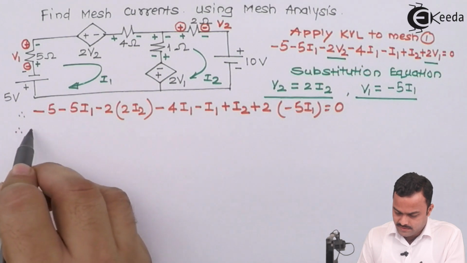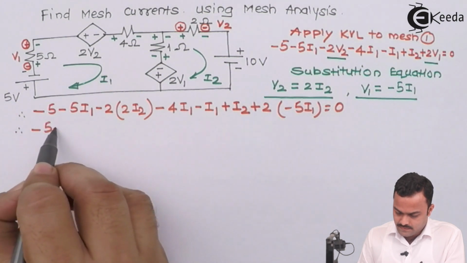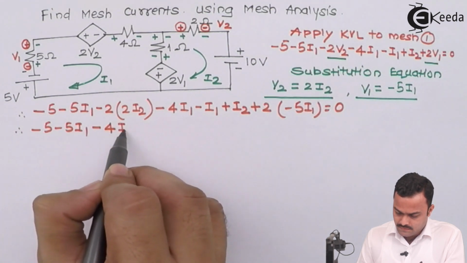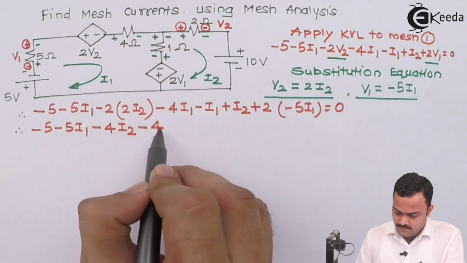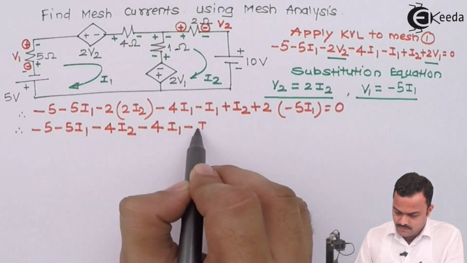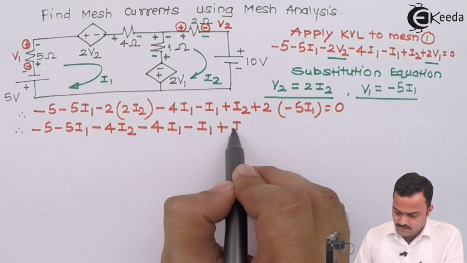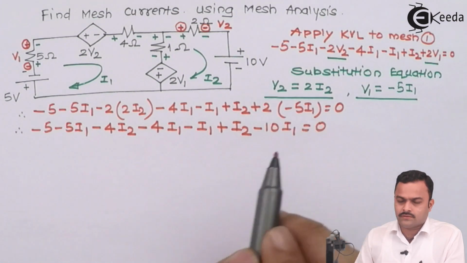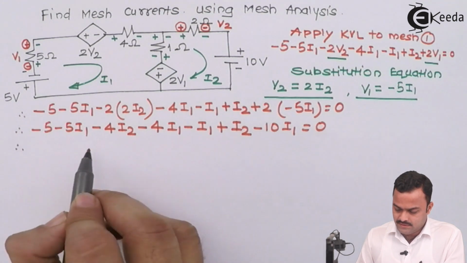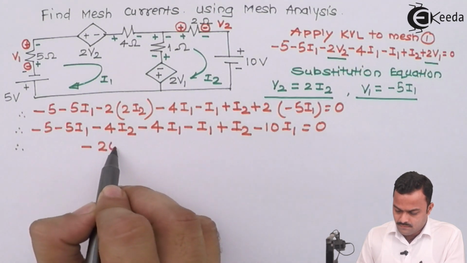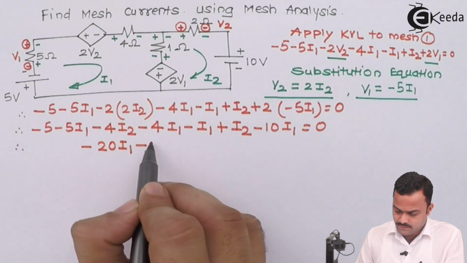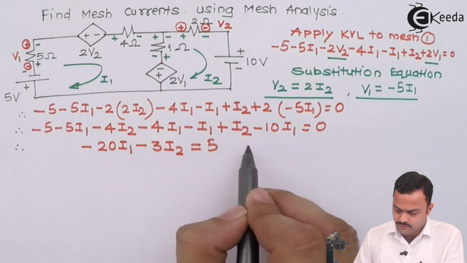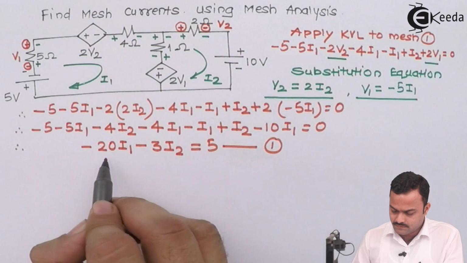After simplification it becomes minus 5 I1, minus 4 I2, minus 4 I1, minus I1, plus I2, minus 10 I1 equal to 0, and finally it will give us minus 20 I1 minus 3 I2 equal to 5, as equation number 1.